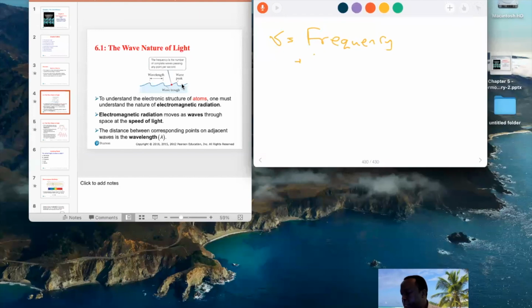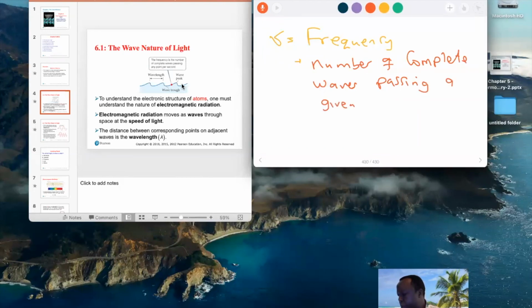This is simply the number of complete waves passing a given point per what? Per second.